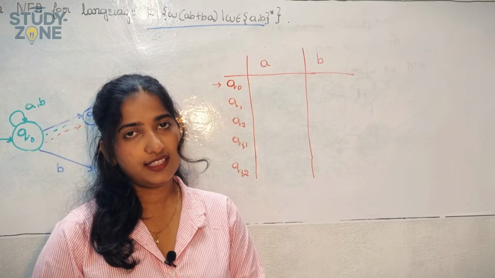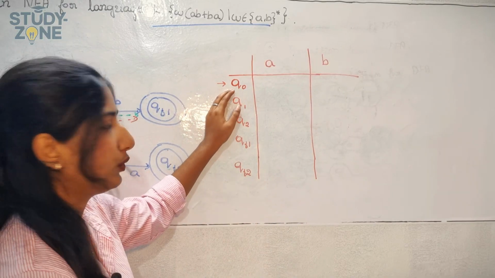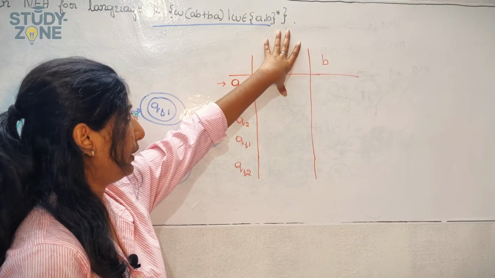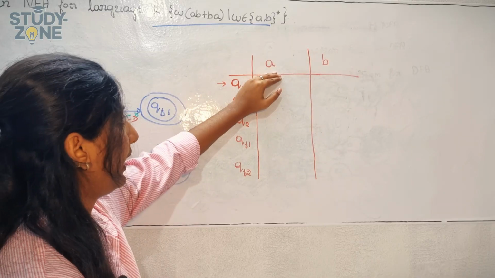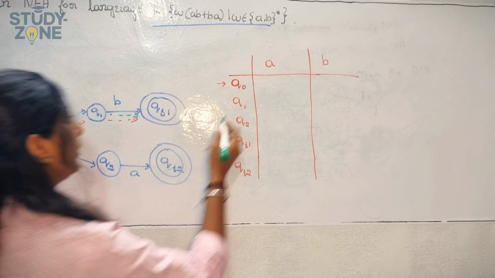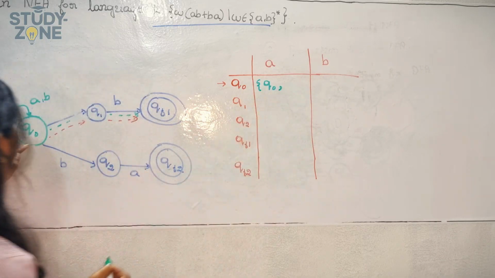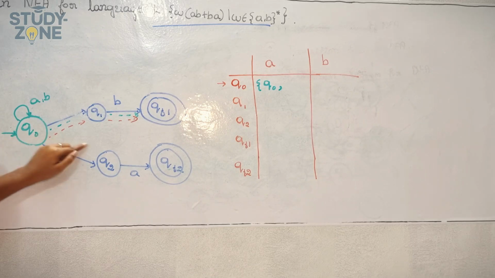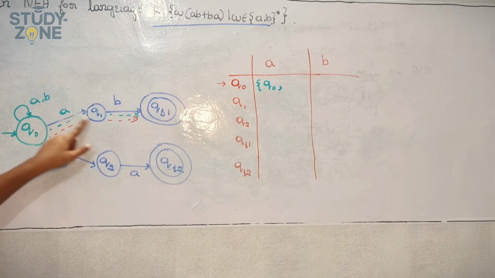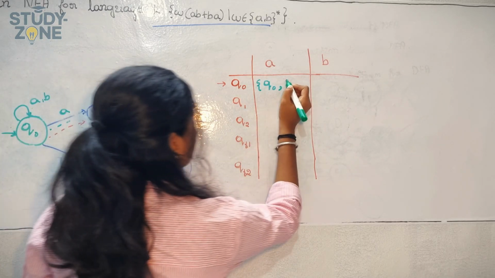Now to write the transition table, the simple thing is, you have to check what the state will do on consuming an input symbol, okay. So Q0 on A, in one case it will be staying in Q0 only, right? And Q0 on A, there is another case, that is it will be moving to Q1, right?